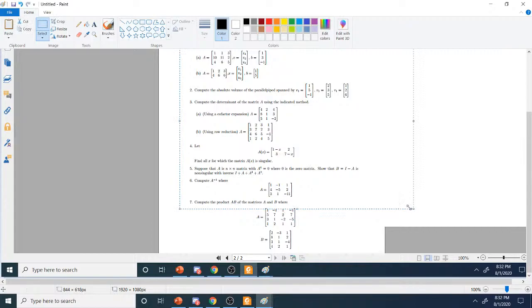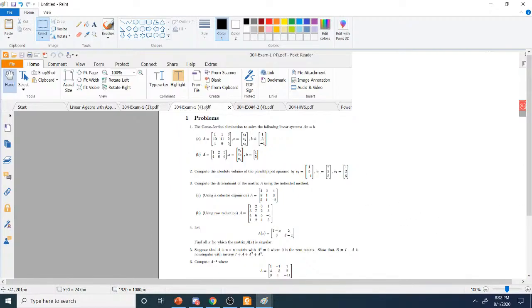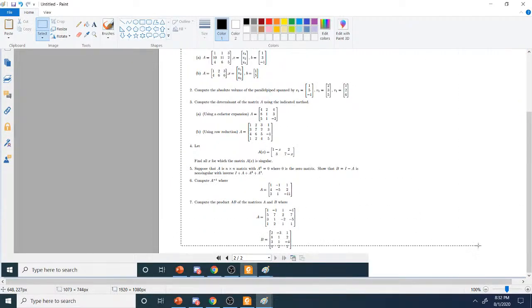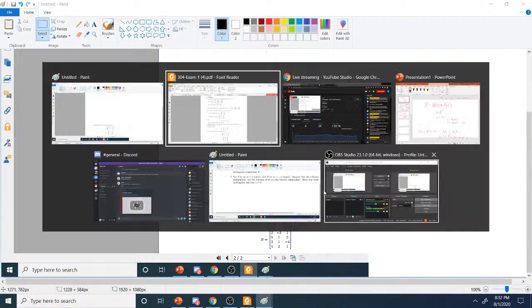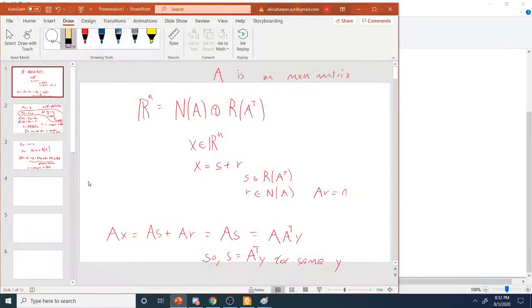Let's take this and get rid of this too. I'm not going to bother with 7 because that's just a matrix multiplication problem. But I'll look at the first few and talk about how to solve them.